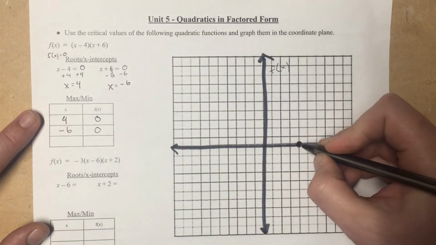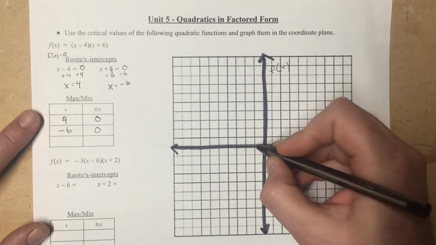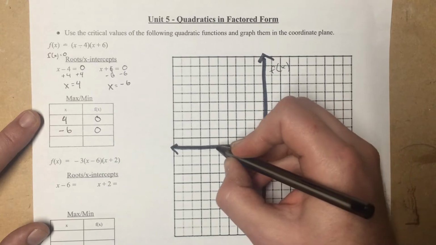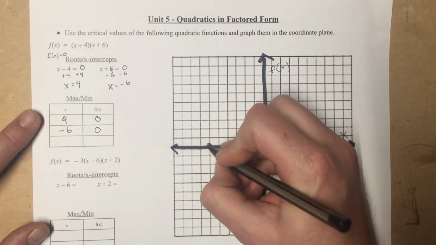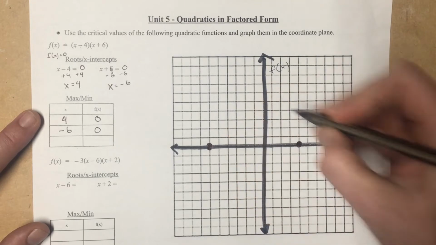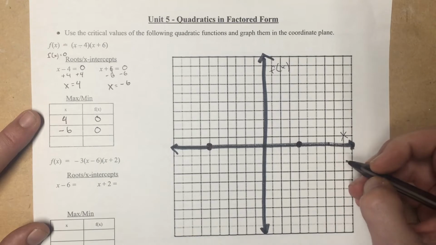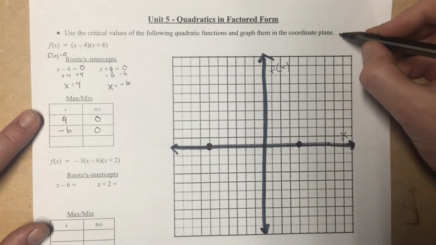So let's go back to our function. If x is equal to negative 6, so 1, 2, 3, 4, 5, 6, f of x is going to be equal to 0. All right, so I know my function is going to go through this point here and this point here. And I know that parabolas are symmetrical, right?